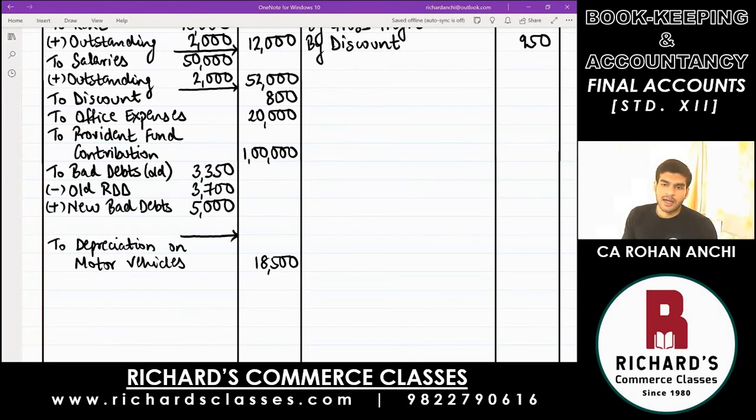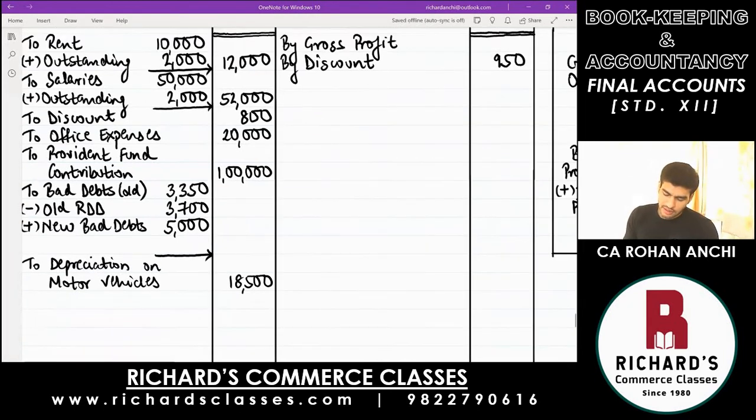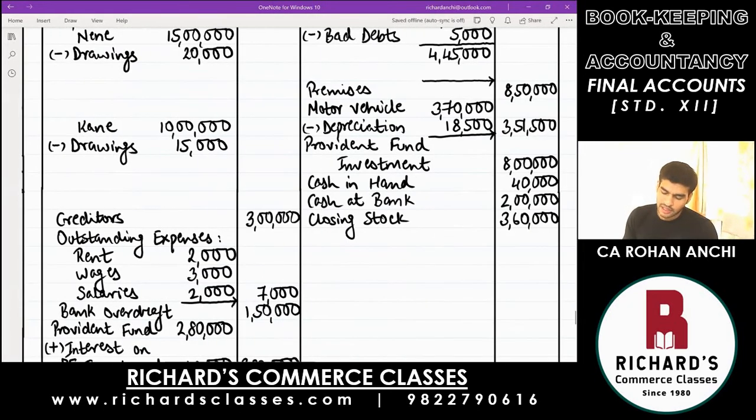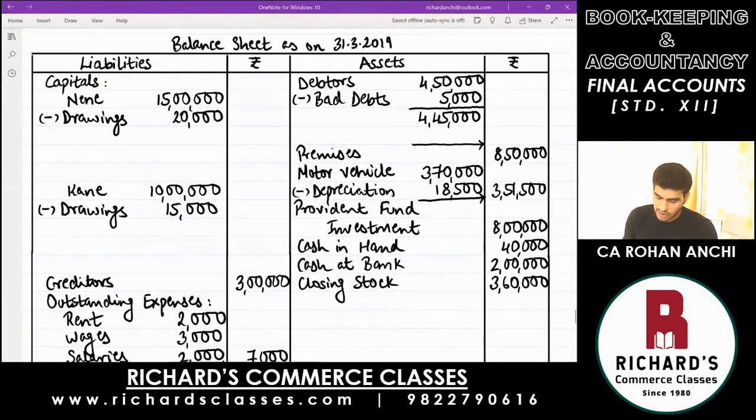And then the next part, RDD at 5% on debtors. So the latest balance of debtors is 4,45,000. On that you will calculate RDD. So write down minus RDD and calculate 4,45,000 into 5%. 22,250.